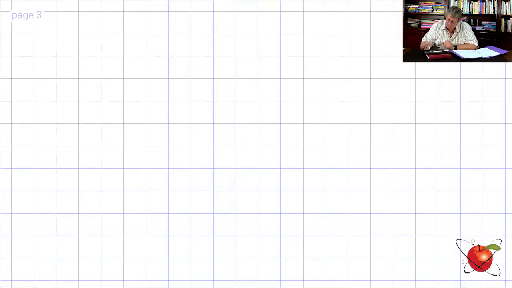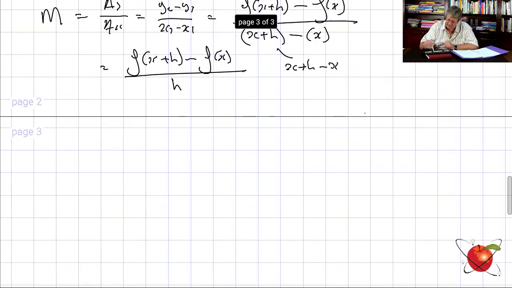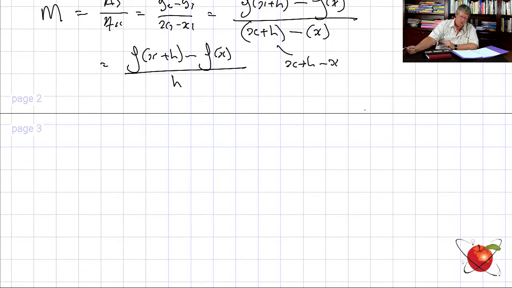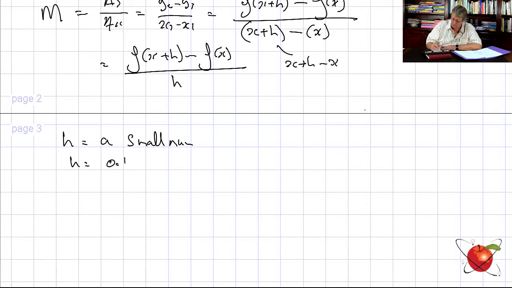Okay, so let's just move this back up slightly. Right, so we've got that. Now, what we're saying is this h here is a small number. So first of all, h could be equal to 0.1.